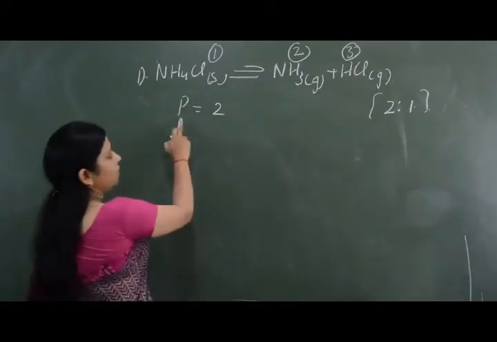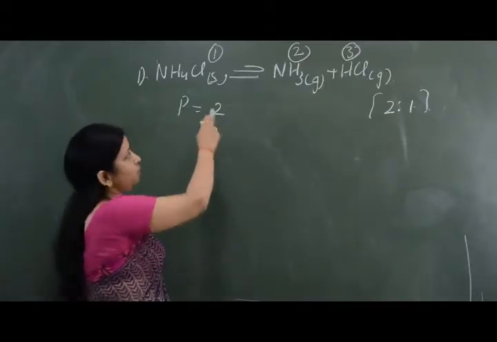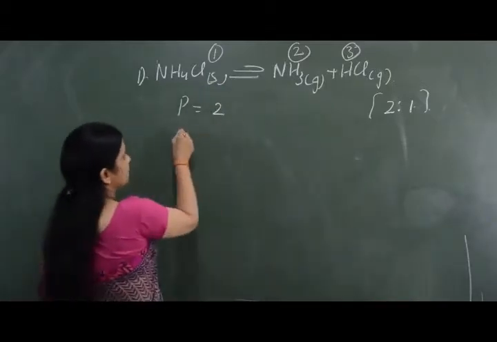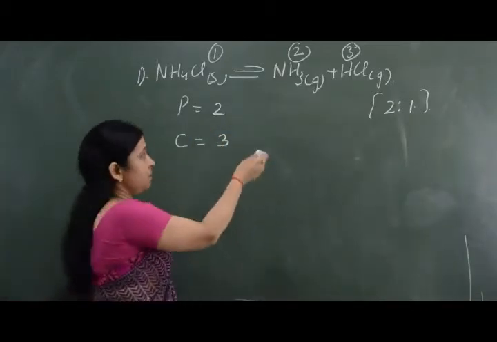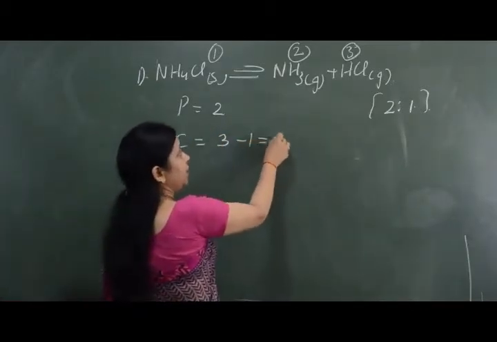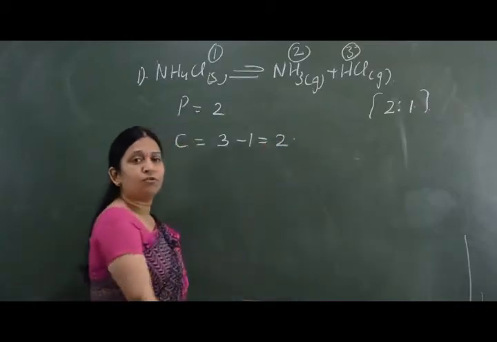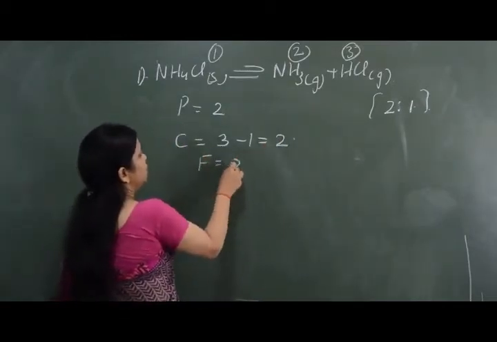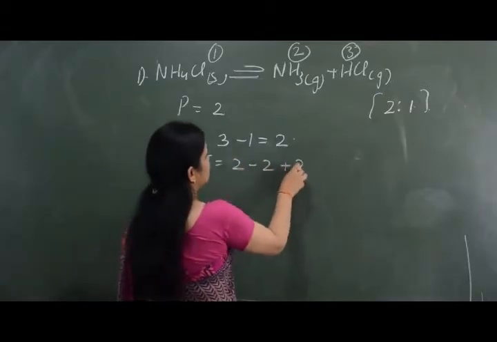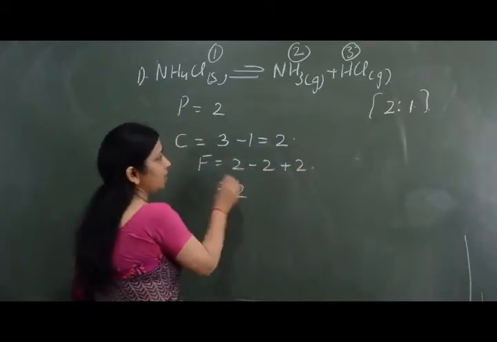So the phases are going to remain the same, 1 solid and 2 gas phases. The component is given by, again the substances are the same, but they are related by 1 equation. So the number of components will be 2 here. The degree of freedom is 2 minus 2 plus 2. So the degree of freedom here is 2.